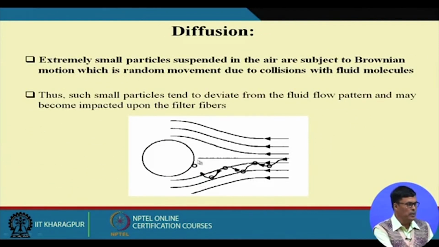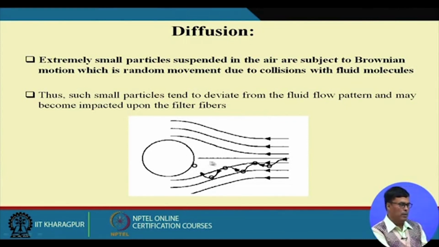Now, diffusion is something different. This usually takes place at a very low velocity of air, because then the particle moves in Brownian movement. What is Brownian movement? This particle strikes this particle, again strikes this particle, again strikes this particle. Ultimately, it deposits on the surface of the solid matrix.